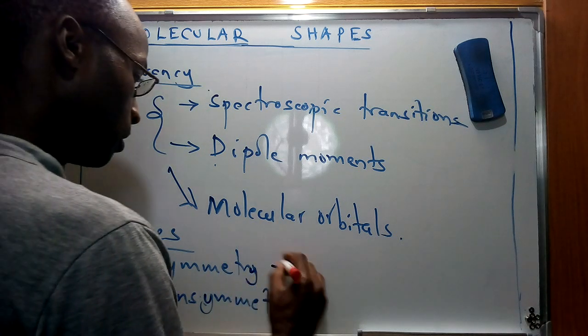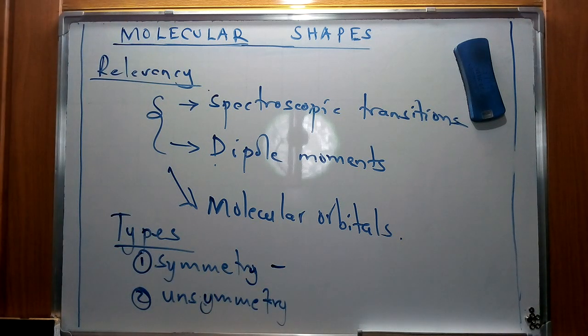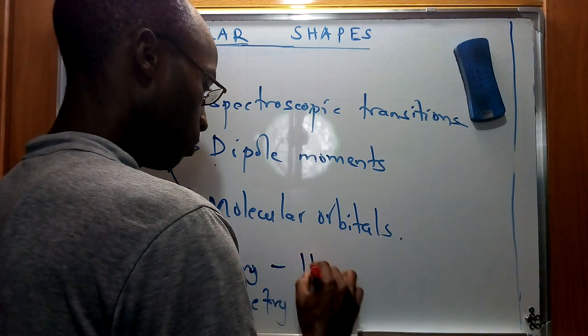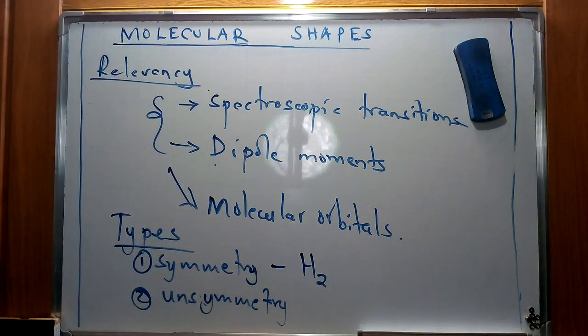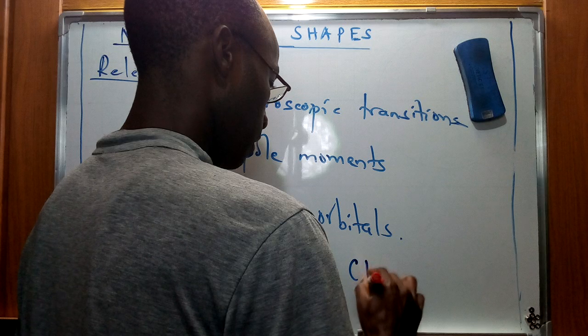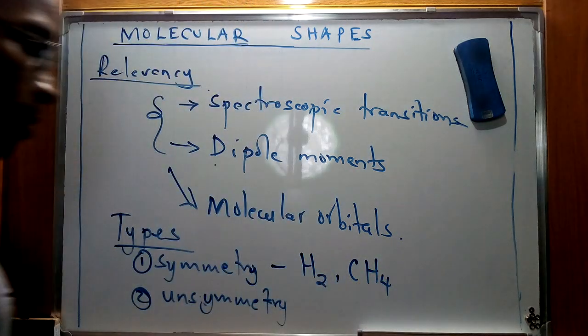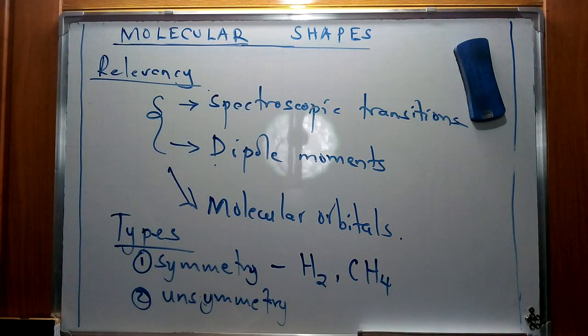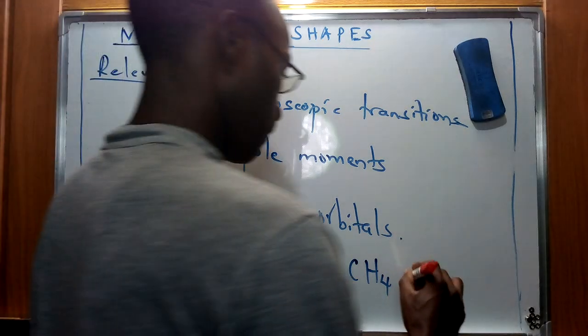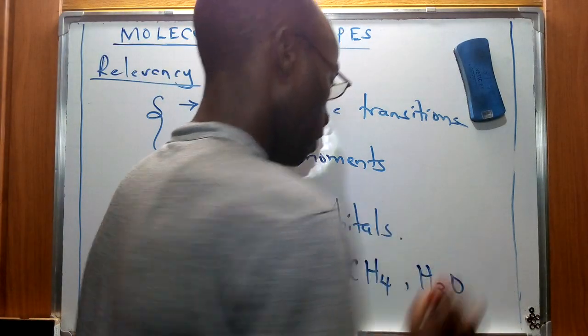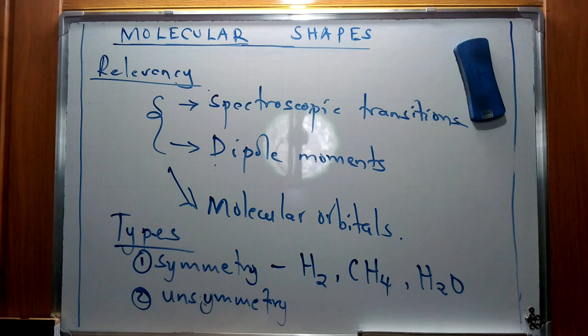So for the first one, the molecules which are going to be symmetrical, we can give an example for diatomic H2, which is hydrogen gas, and then we have CH4, which is methane, and then lastly a water molecule, which can be illustrated as such.